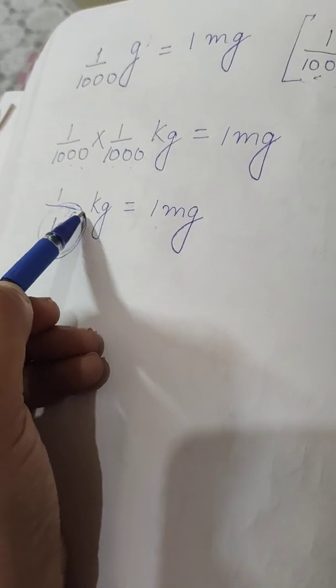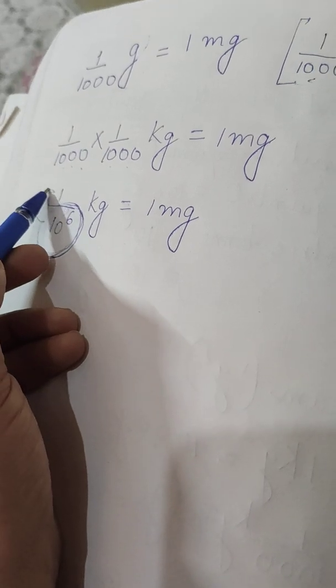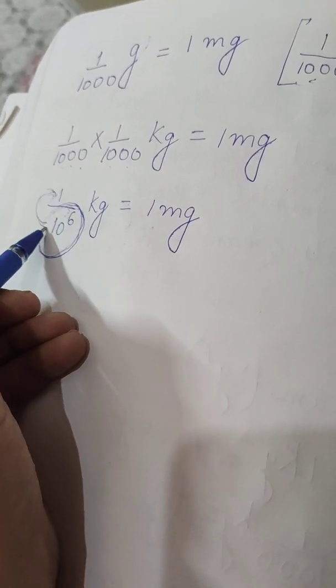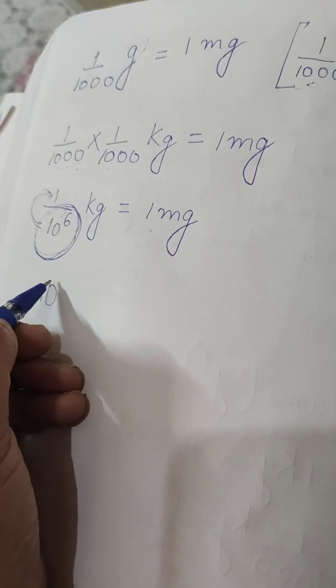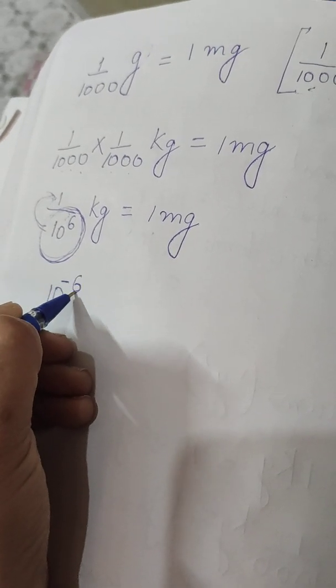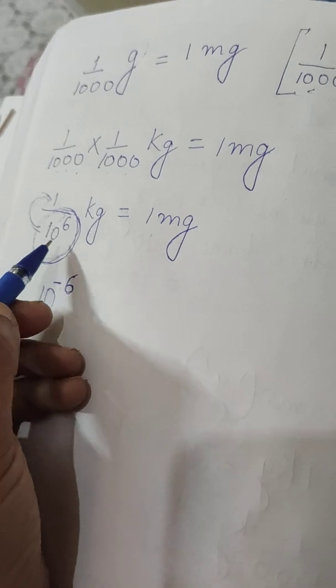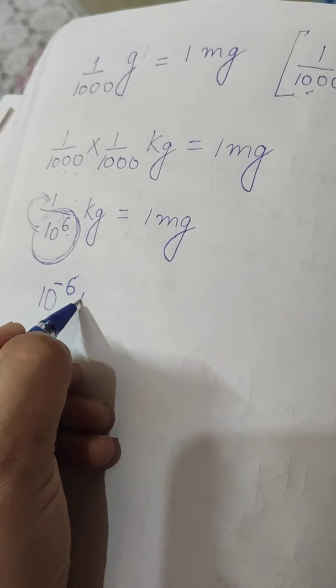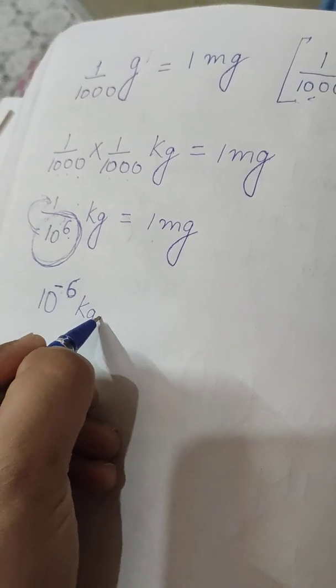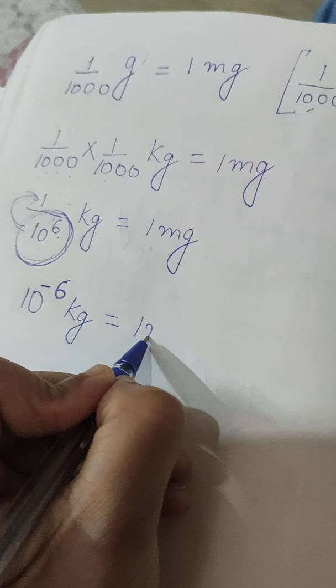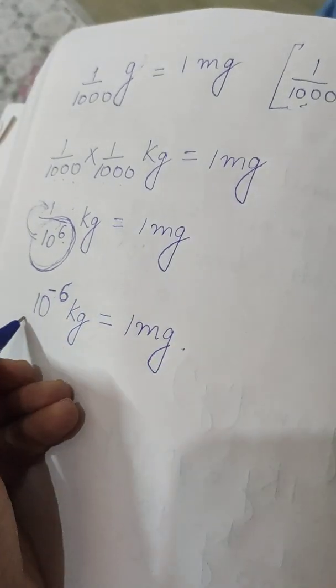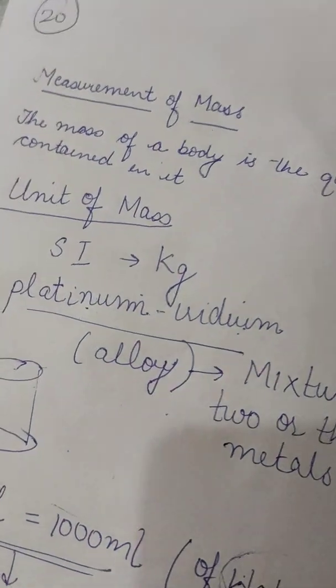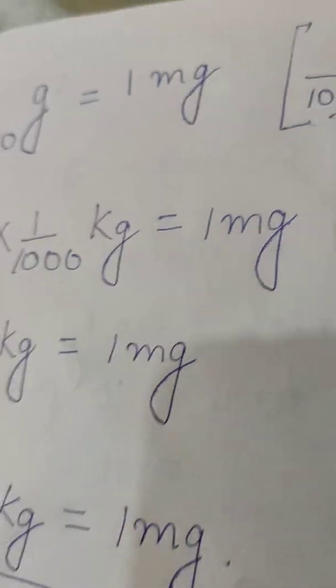When from this denominator we bring it into the numerator, it becomes 10 raised to power -6. The minus has come because we have taken the value of the denominator into the numerator. So 10 raised to power -6 kg is equal to 1 milligram.